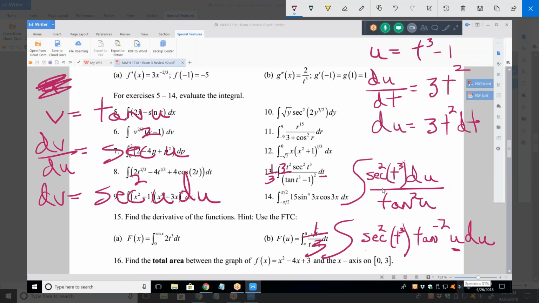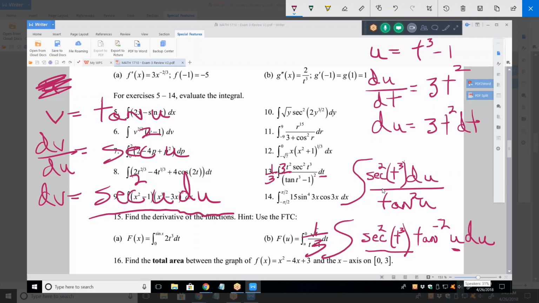Because I'm kind of looking at that, am I not? There is my secant squared. There is only one problem. What I made u, I made u t cubed minus 1. I maybe want to make u just t cubed, not t cubed minus 1.